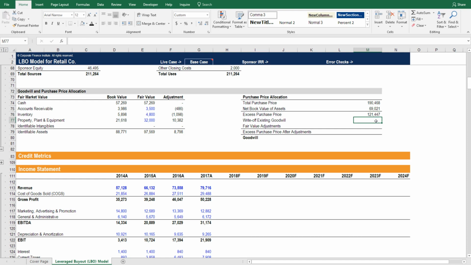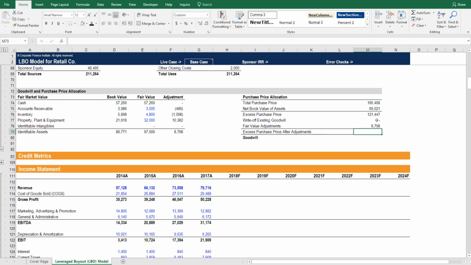So we can just type 0 here for existing goodwill write-off, since there is no existing goodwill. And then we can link here the fair value adjustments to the identifiable assets. And then what we can calculate below is the excess purchase price after adjustments.